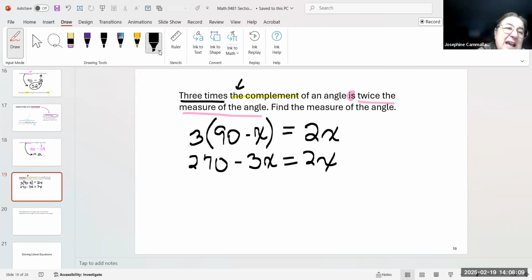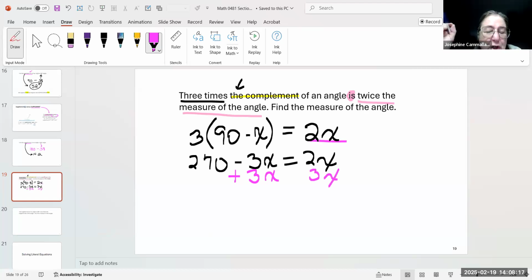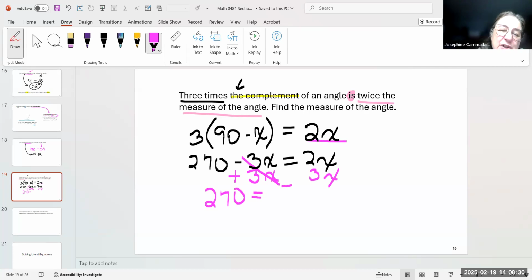Now this time, I am going to add 3x to 2x, and the reason is this only has one term. I don't want to get rid of it or have a 0 there, okay? This is going to cross out. This will give me 270 is equal to 5x.